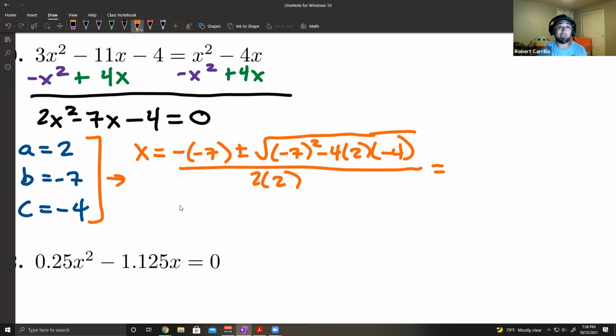-1 times -7, that becomes +7 plus or minus. And now in this square root, -7 squared becomes +49. And then -4 times 2 is -8. -8 times -4 becomes +32.